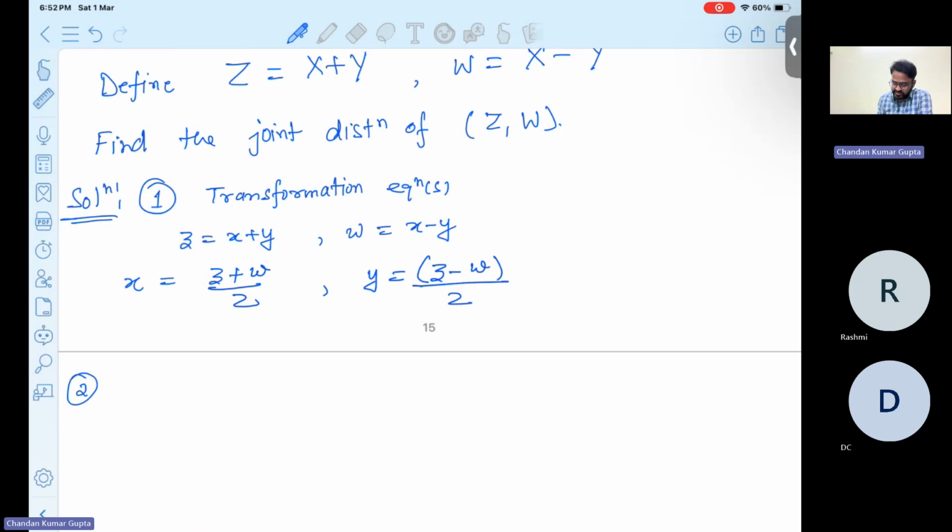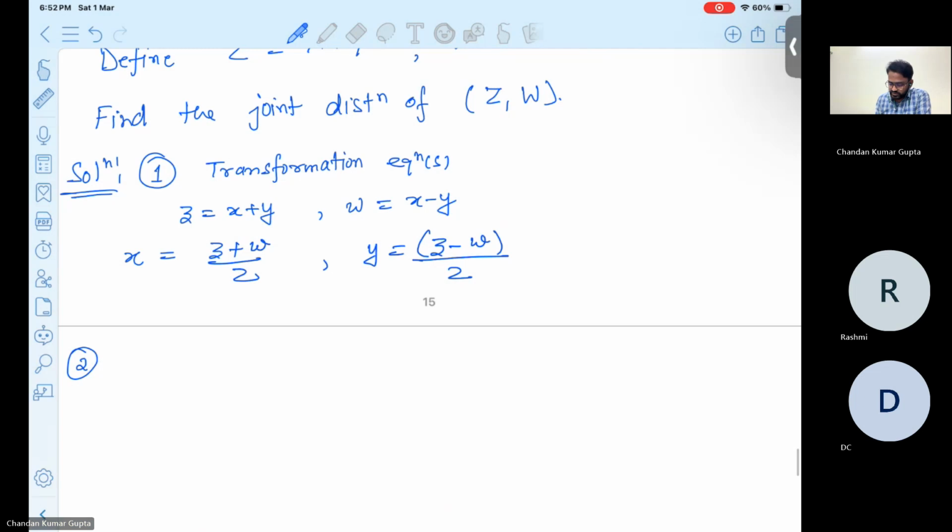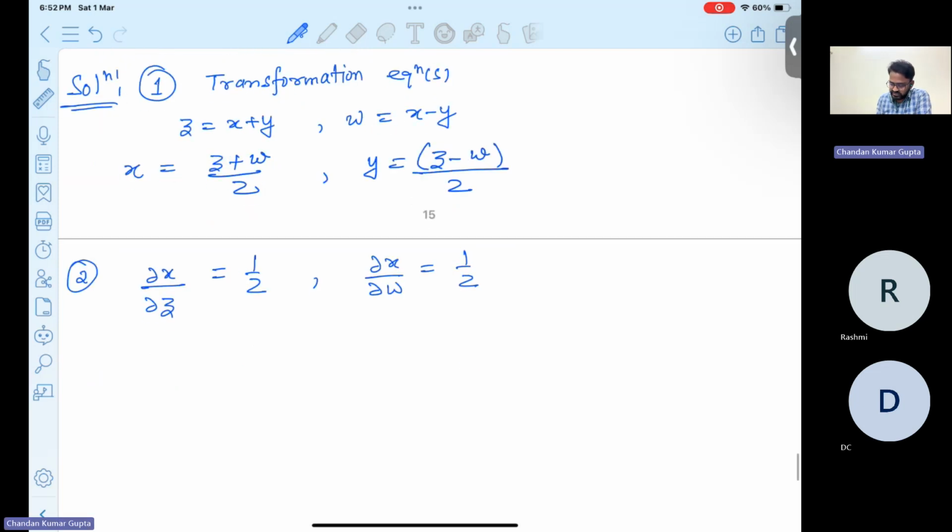Now for the second, we need to calculate the partial derivatives. Del x by del z is nothing but 1 by 2. Del x by del w is also 1 by 2. Del y by del z is also 1 by 2.